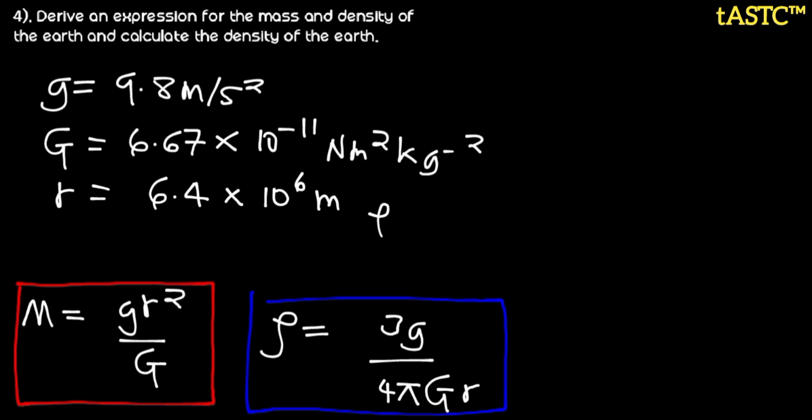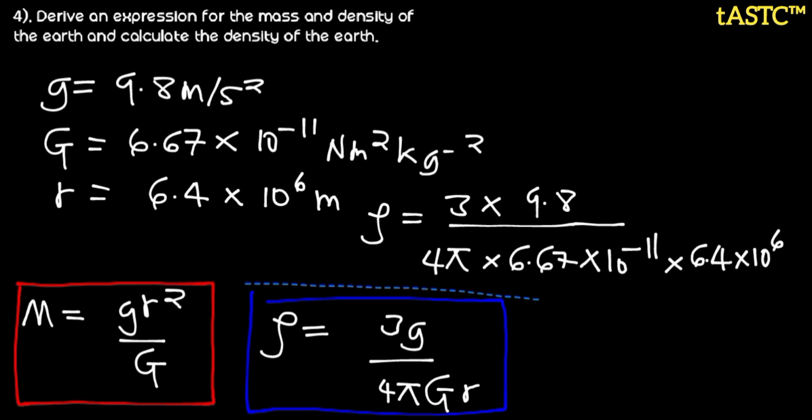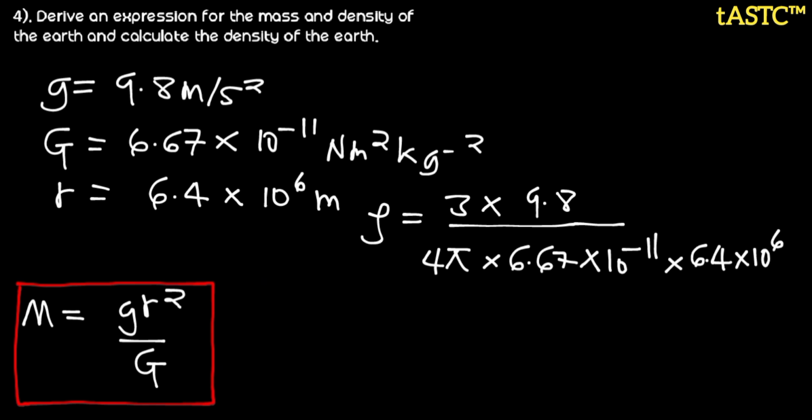So we have rho that is going to be 3 multiplied by g, that is 9.8, divided by 4 multiplied by pi, multiplied by G, which is 6.67 multiplied by 10 to the negative 11, and R, which is 6.4 multiplied by 10 raised to the power of 6. So let us find out what that will give.